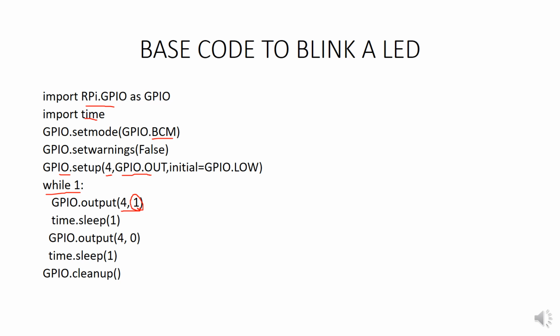Then sleep of 1, so the LED will be turned on for 1 second. Then I am setting my output to 0 so that my LED gets turned off, again for 1 second. Then finally I am cleaning up all my ports.